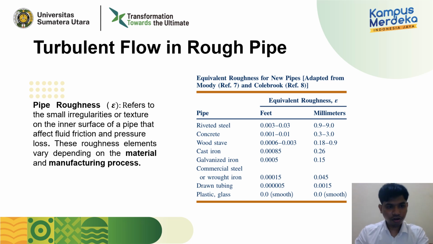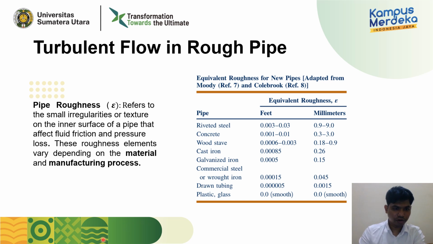So let's talk about turbulent flow in rough pipe. Like I said, if you talk about the rough pipe, we have three different methods to calculate or find the friction factor.